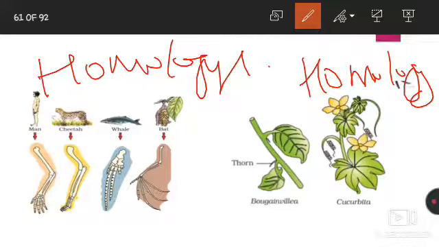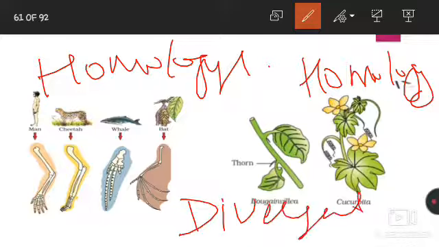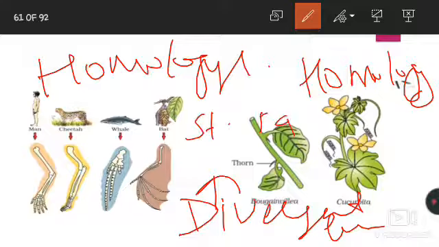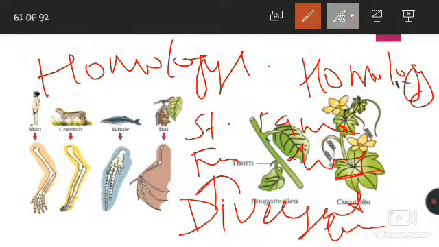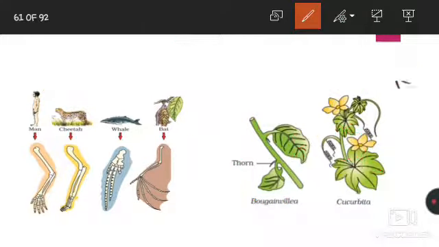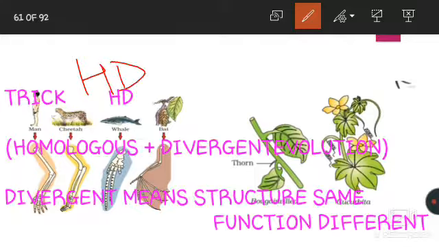This is an example of divergent evolution. Divergent evolution means structure is same, function is different. The trick is HD. H stands for homologous, D for divergent evolution.